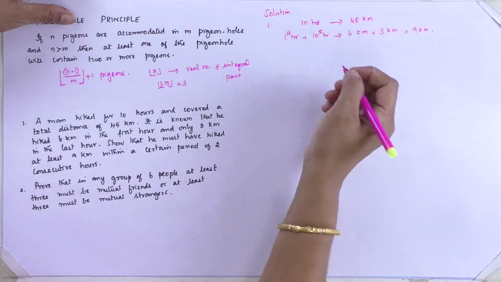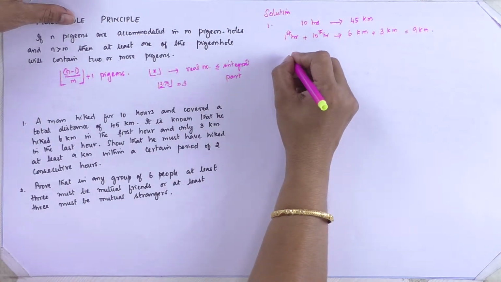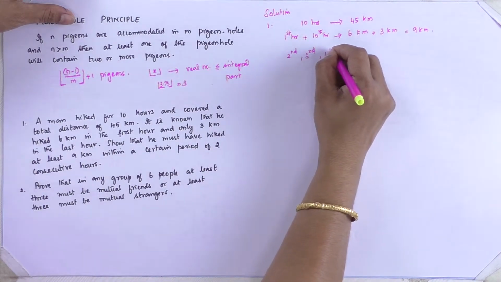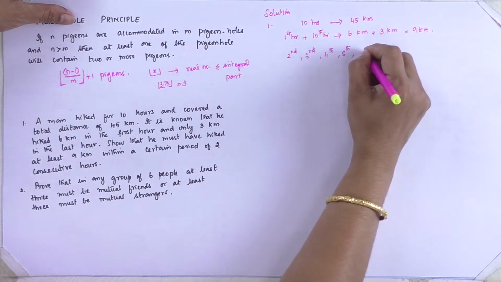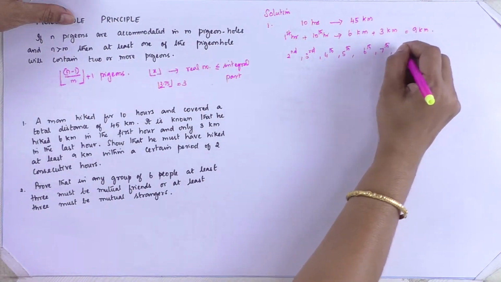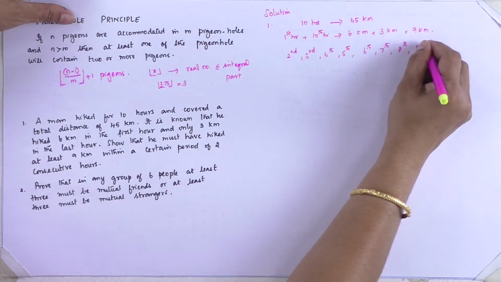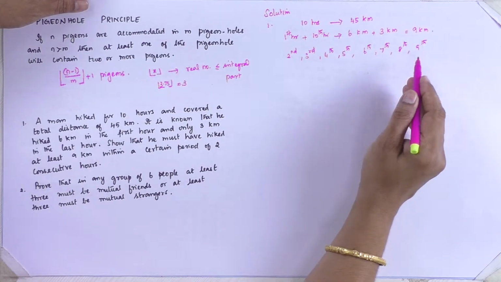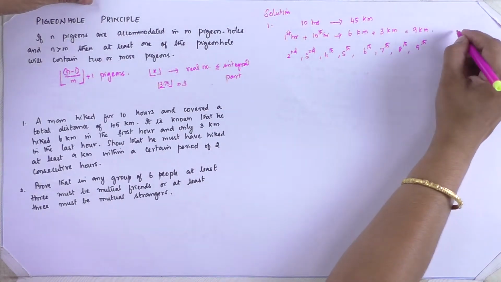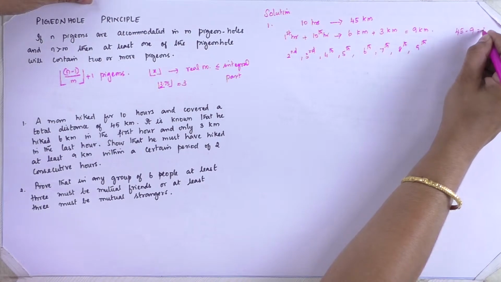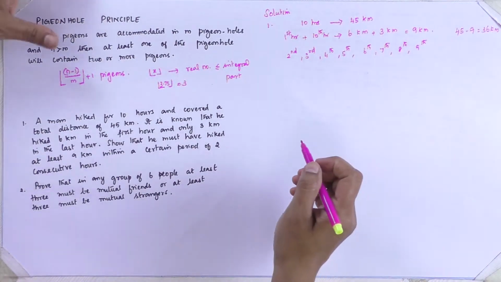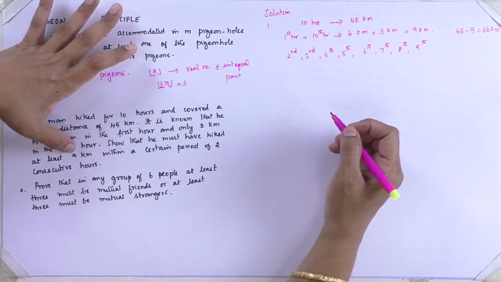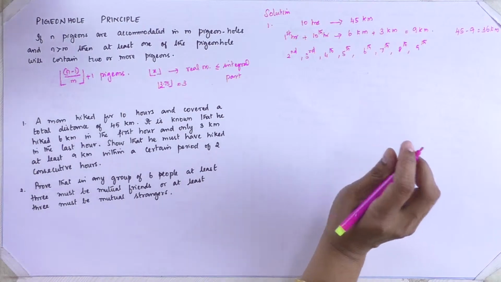So how many kilometers are left for the second hour to the 9th hour, that is the 2nd, 3rd, 4th, 5th, 6th, 7th, 8th and 9th, since the first hour and 10th hour distances are given. Now with this I will have to find the remaining kilometers. That is 45 minus 9, I get 36 kilometers. So this 36 kilometers must have been hiked between these hours, and I will have to say that at least 9 kilometers he must have hiked.